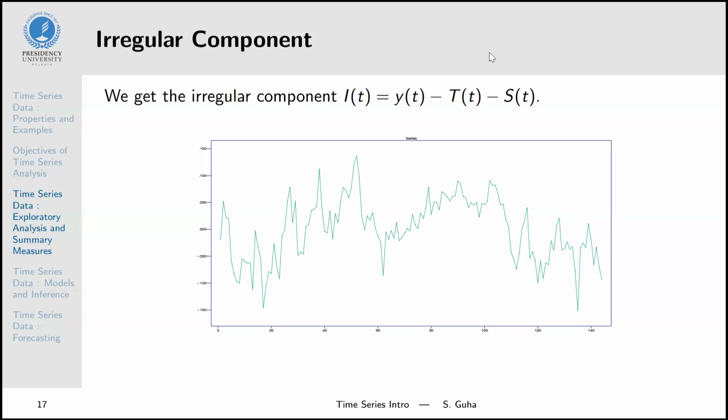Then suppose you are looking at the irregular component of January 1962. You will take the Y value of January 1962, remove the trend value of January 1962, and remove the seasonal value of January once again, because the seasonal value doesn't change from year to year. But the trend value will change, the Y_t value will change, so we have to keep track of that.